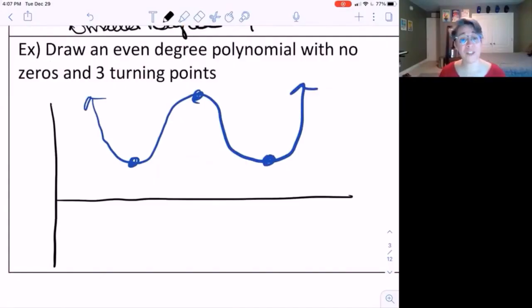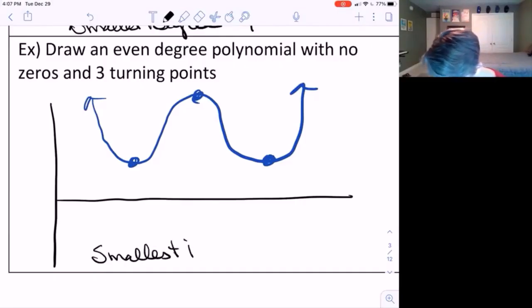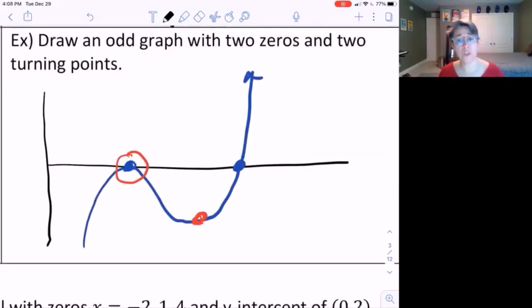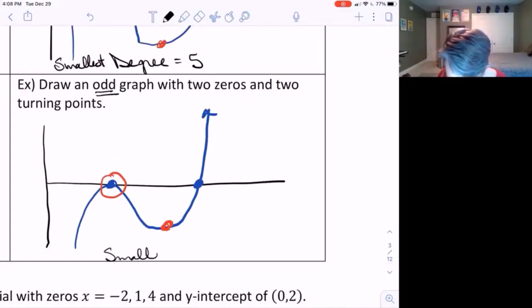This bottom left has 3 turning points and it's even. So its smallest degree would be 4. And this is an odd graph with 2 zeros and 2 turning points. So the smallest degree is 3.